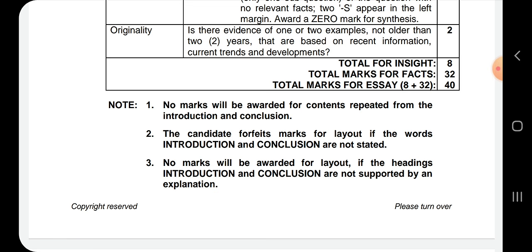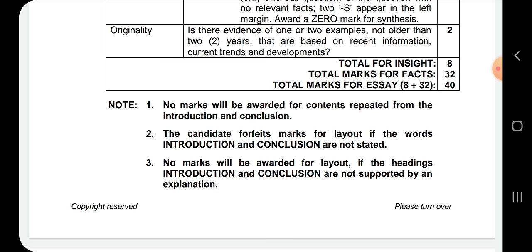The candidate forfeits marks for layout if the words introduction and conclusion are not stated. You need to say introduction, body, conclusion. So you don't just write a full speech that does not have introduction, body, and conclusion.